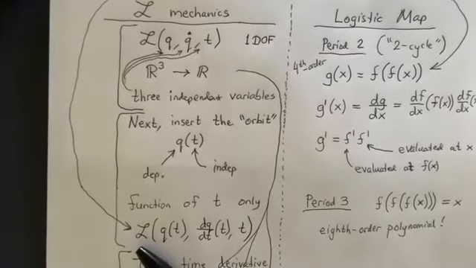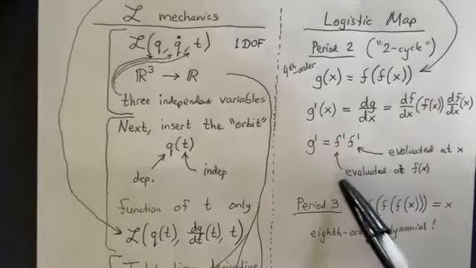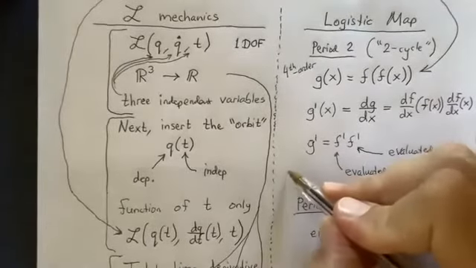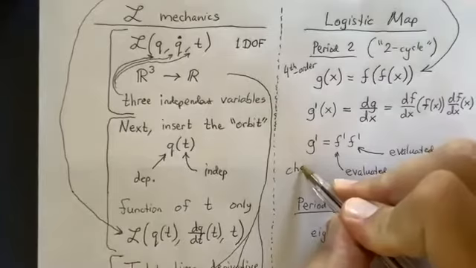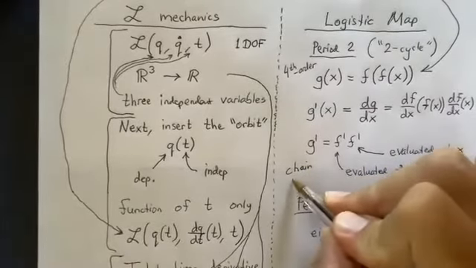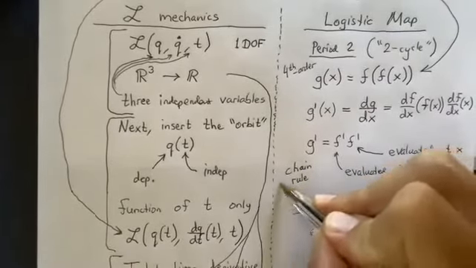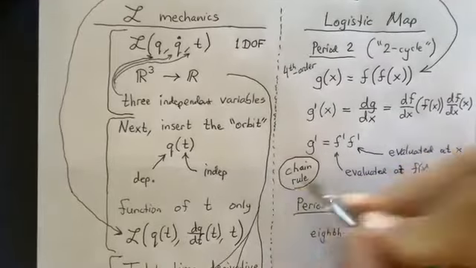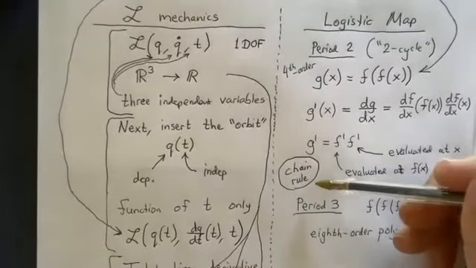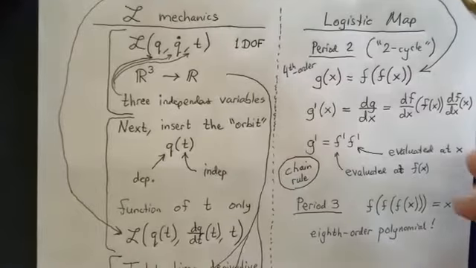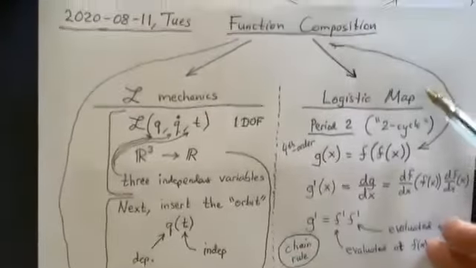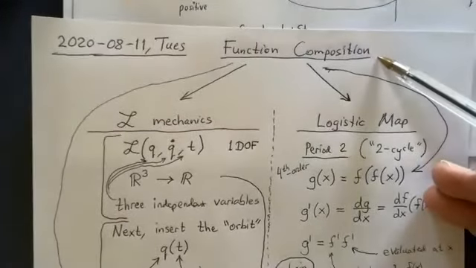So this has been an opportunity to review the chain rule. The chain rule is so important to us. Again, the chain rule tells you how to compute the derivative of a function that is constructed by functional composition.